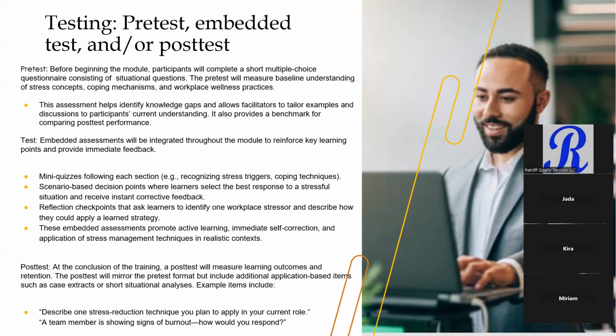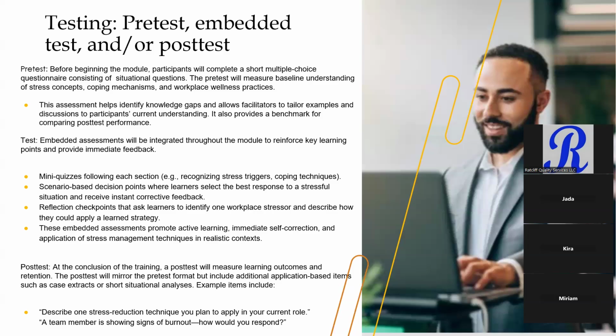It'll give you a baseline of understanding of stress concepts, coping mechanisms, and workplace wellness practices. This assessment helps identify knowledge gaps and allows facilitators to tailor examples and discussions to the learners. It also provides a benchmark for comparing post-test performance.